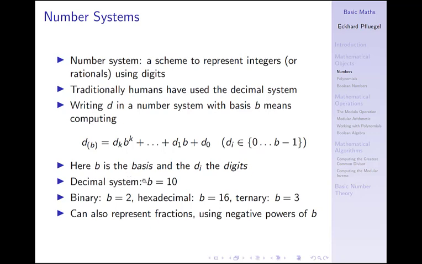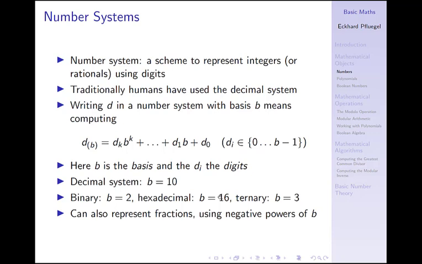Apart from the decimal system where the basis is 10, we also talk about binary numbers when b is 2, very often used for computers and logic. So what are the different digits that are available? Remember, the digits are between 0 and b minus 1. So if b is 2, then you only have 2 digits, which are 0 and 1. Another system that's quite popular is the hexadecimal system, also used in computer science. Here, the basis is 16.